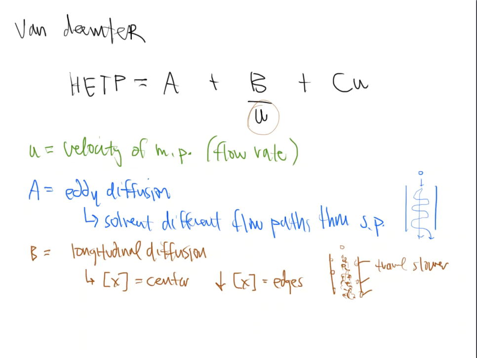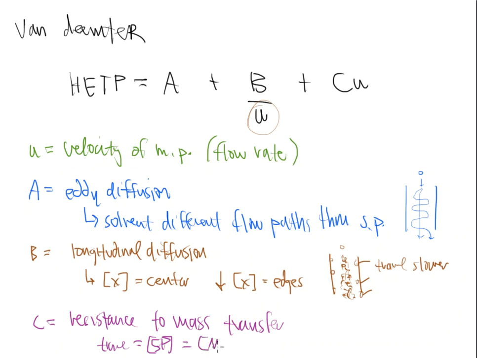Okay, so finally we get the C variable, and the C variable is called resistance to mass transfer. And it's basically the time that it takes for the molecule to go from the stationary phase to the mobile phase, right? So here we've got a column, and we've got a stationary phase particle basically here, and then off of this particle we get our components in the sample, right?